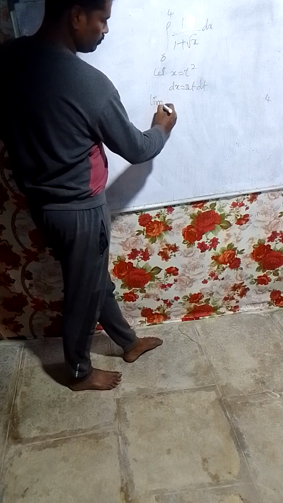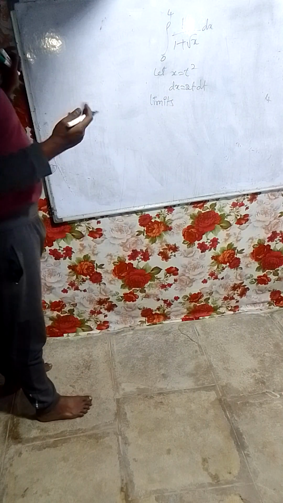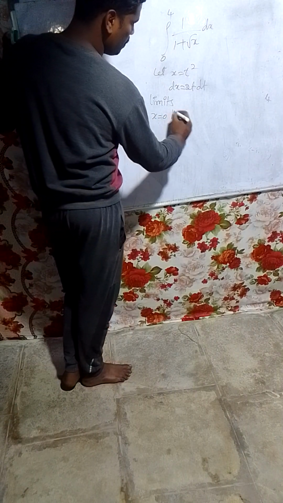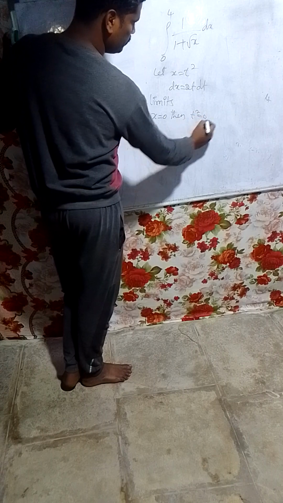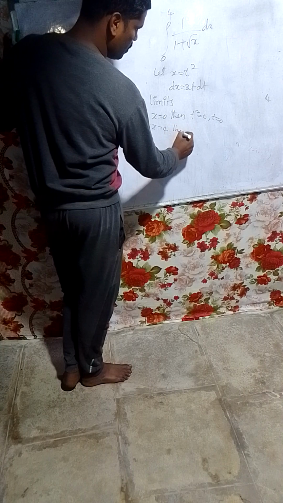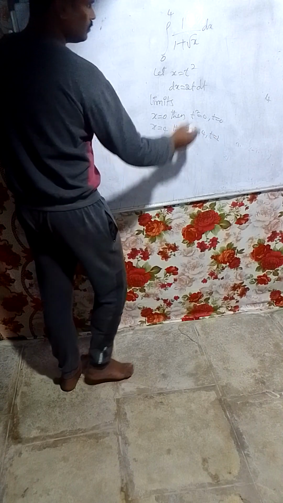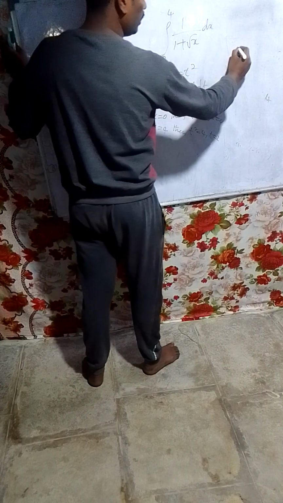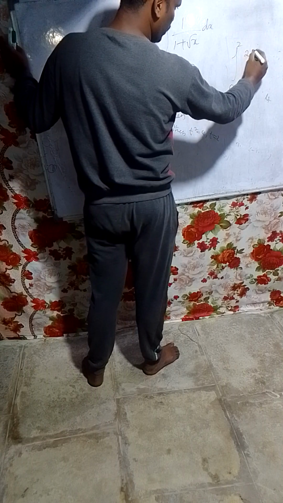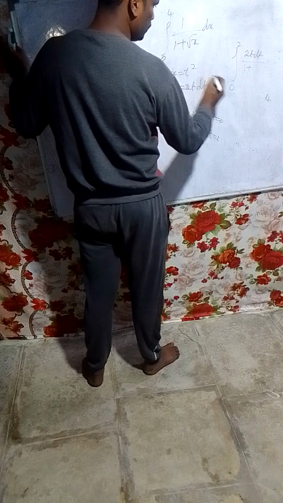Limits: see here children, when your x is taken, limits change. When x is 0, then t square equals 0, t equals 0. When x is 4, then t square equals 4, t is equal to 2. The limits change. Integration 0 to 2, 2t dt, 1 plus root x means 1 plus t.